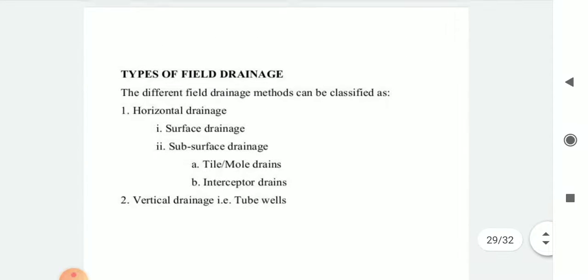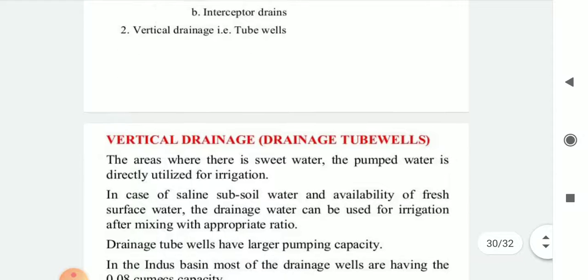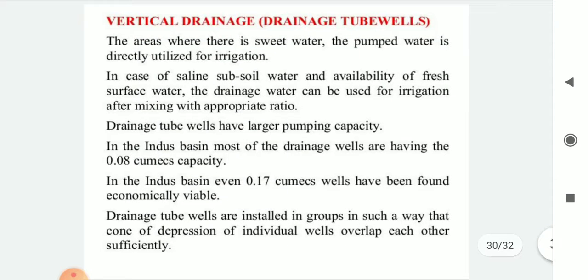Then types of field drainage. The different field drainage methods can be classified as horizontal drainage, which includes subsurface drainage and surface drainage. Subsurface drainage is also classified into tile or mole drains and inspection drains, and in vertical drains it is tube wells. Vertical drains, that is drainage tube wells: in areas where there is sweet water, the pumped water is directly utilized for irrigation.